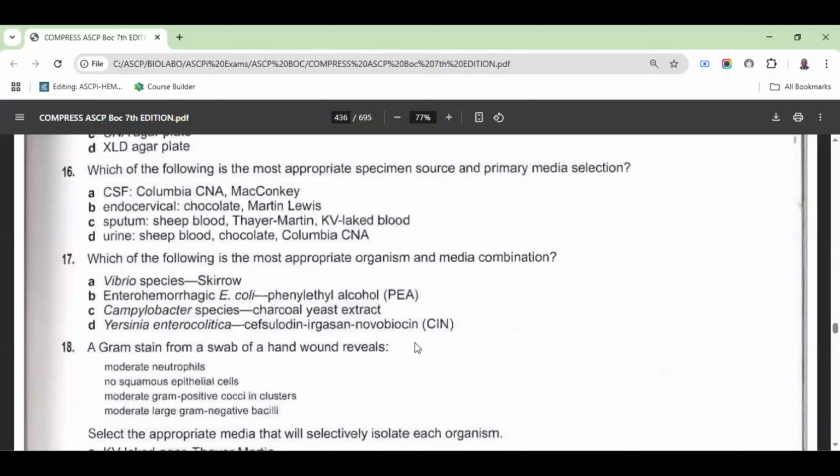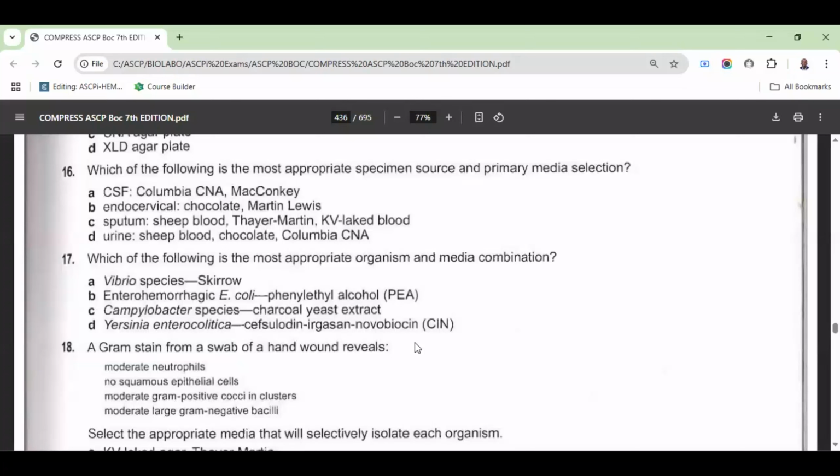So we chose B because, first of all, CSF is a sterile body fluid, and most bacteria we suspect in cerebrospinal fluid are fastidious. Most of them are fastidious. For example, you cannot forget Martin Lewis. You remember yesterday we talked about Martin Lewis, and we said that Martin Lewis is used for Neisseria, especially Neisseria meningitidis, which is associated with meningitis.